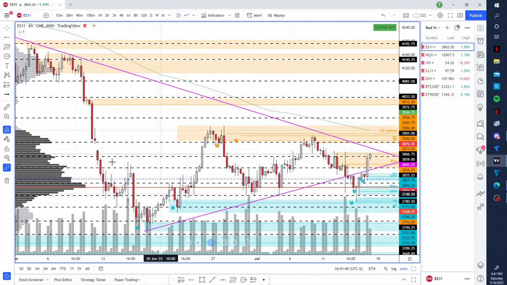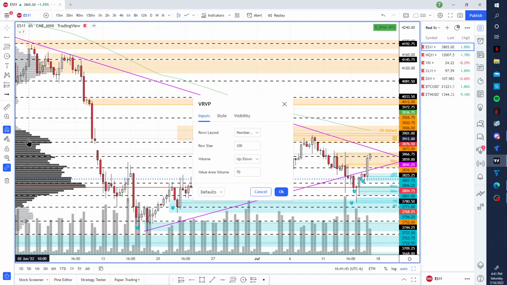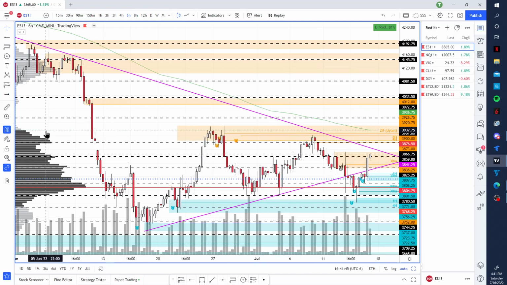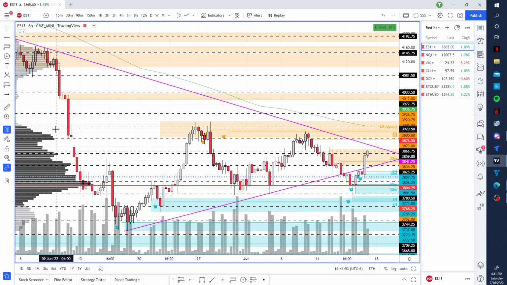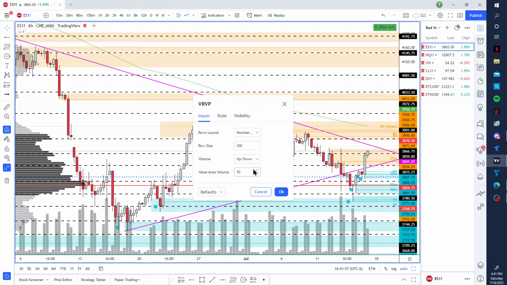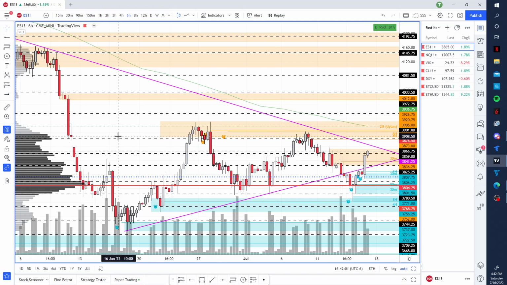So if you're on 70%, this is where 70% of the volume was traded in this area. To me, I don't really care too much about that. I more so use it for looking at the nodes, but you can keep it there if you want.